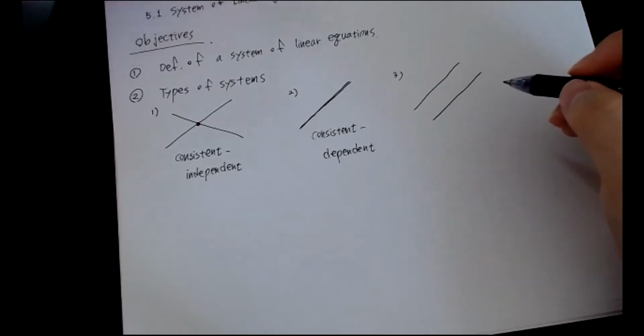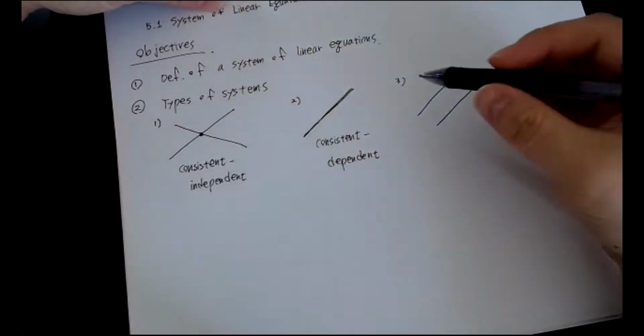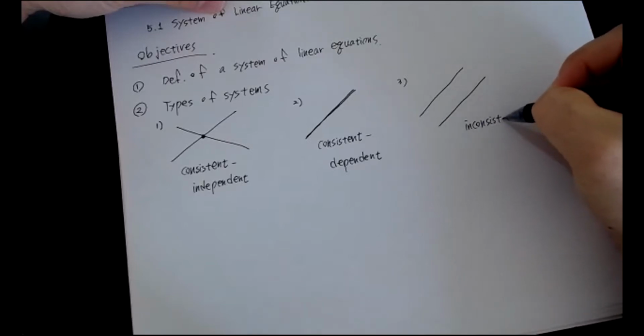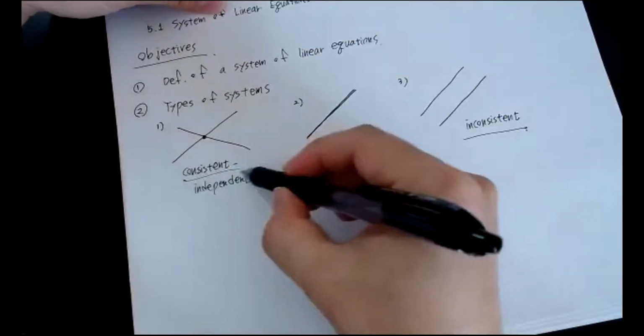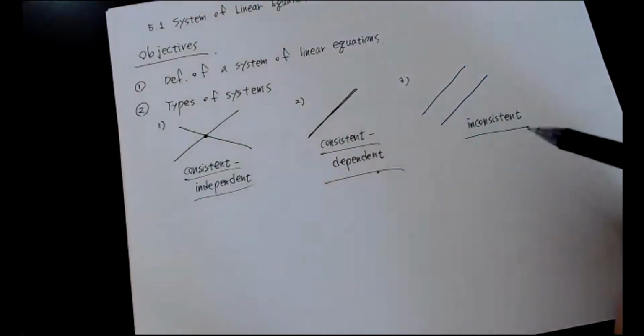The solution set must be the empty set, right? In this case, we say the system is inconsistent. Keep this in mind: consistent and independent, consistent and dependent, and inconsistent.